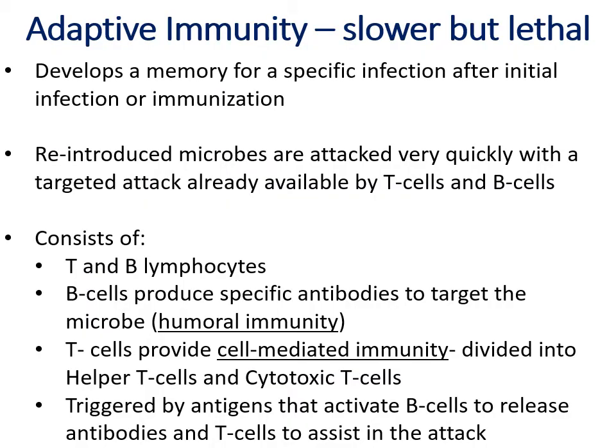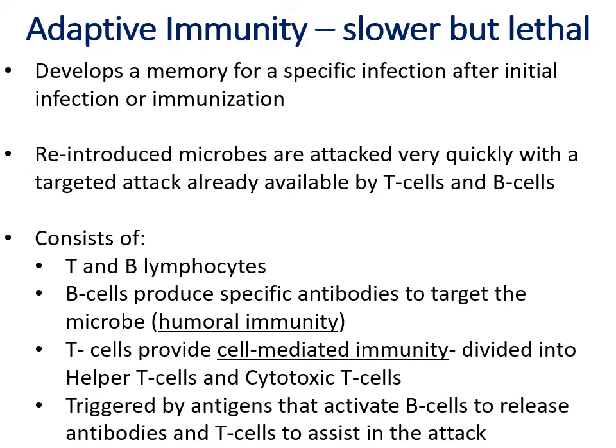Okay, so let's look at the adaptive immune system. The adaptive immune system takes days to weeks to develop to a certain invader of the body. It has to be presented with the antigen or the microbe and then form antibodies from the B cells and specific cytotoxic T cells to that particular infection.